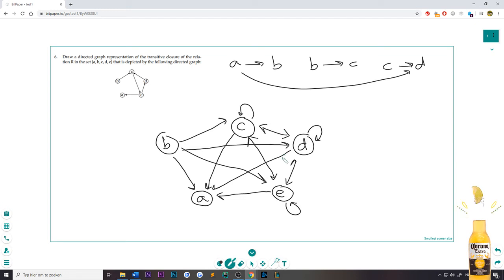The reason why it's explained with 2 steps is because it's easier to explain. Well, because we can go from C to E and from E to D and from D to C, so we can go from C to itself again. And that's 1, 2, 3 steps, but it still counts because it's still transitive. Okay?